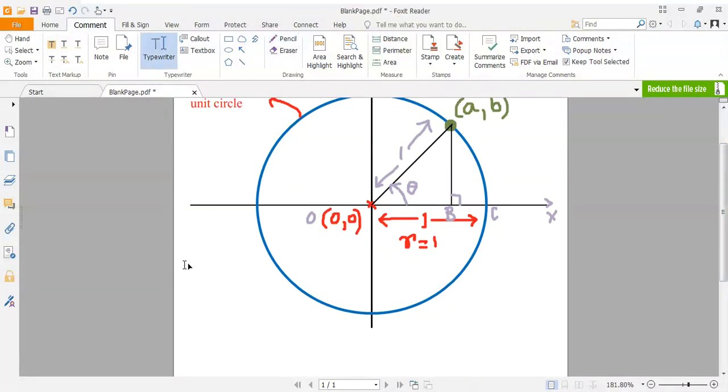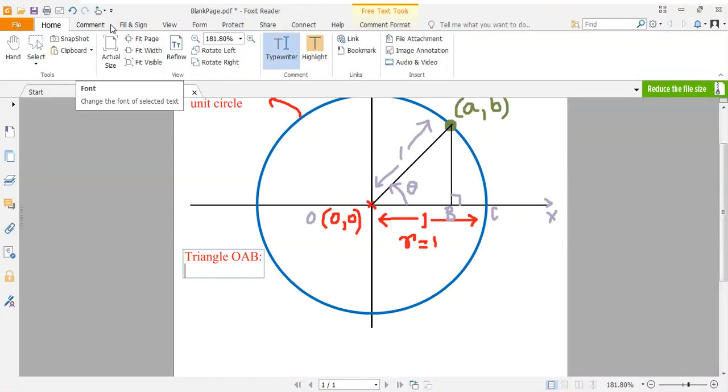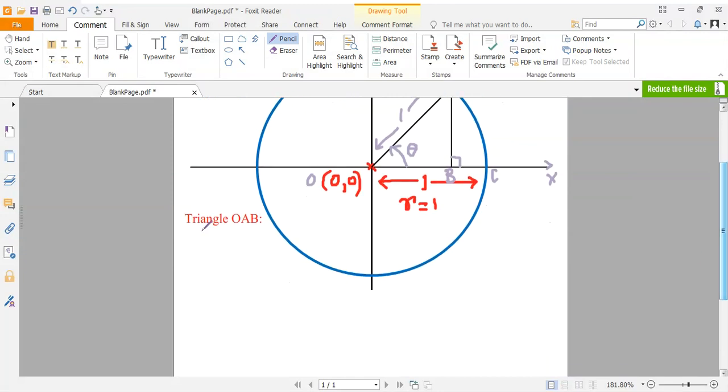Now let me consider triangle OAB. I'll be trying to bring in the concept of trigonometry, as I have mentioned before. Let's say I talk about cos theta. This is the first trigonometric ratio that I'll be thinking of.